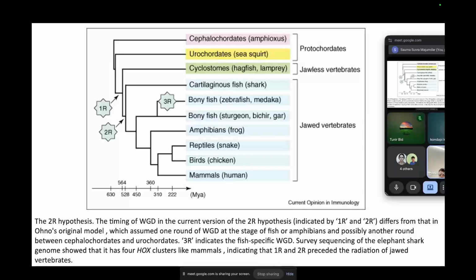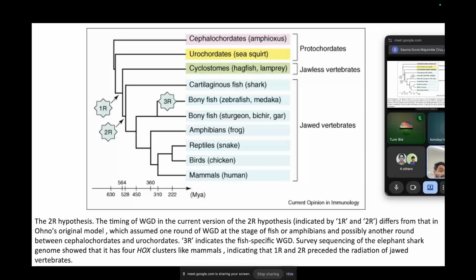And you can see these Hox genes. Hox genes are very important. These are homeotic genes. They help during embryo formation, from zygote to the embryo, and in how differentiation inside that occurs. So Hox genes are very important in that.